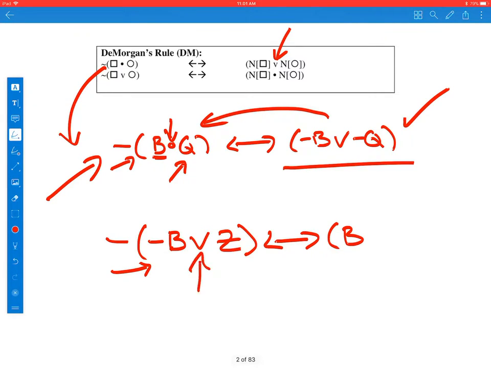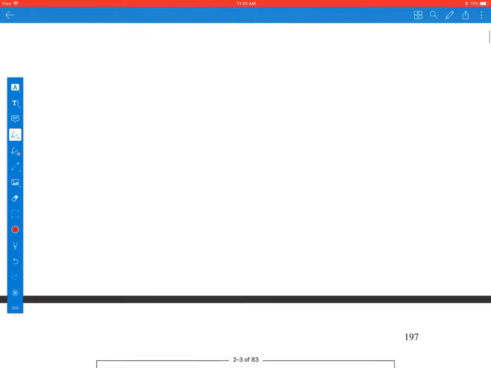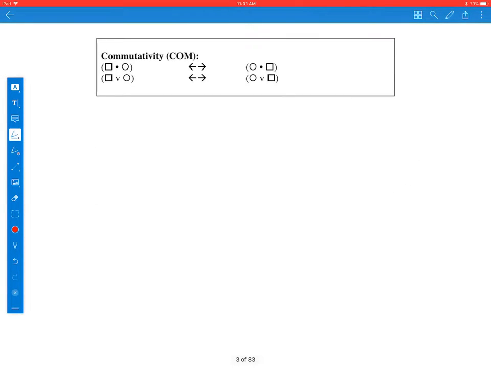So the not B would become a B, the or would become an and, and the Z would become a not Z. So this would be another case of De Morgan's, where we applied De Morgan's to a negated disjunction. So we could go that way. But then again, if we had an expression like that, we can convert it to an expression like that. All right, let's continue on with another rule.